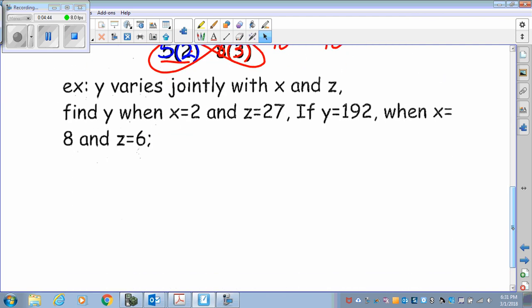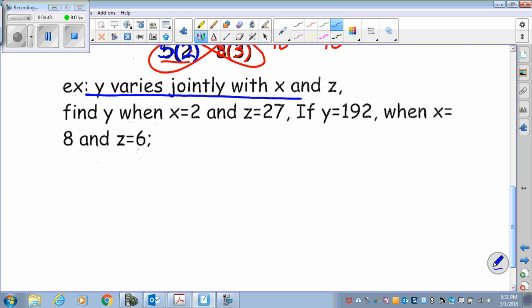So another example: y varies jointly with x and z. So you're going to think, immediately write y varies jointly with x and z. So they're all in a line there. Find y when x is 2 and z is 27. All right, so we could do it with the proportion.